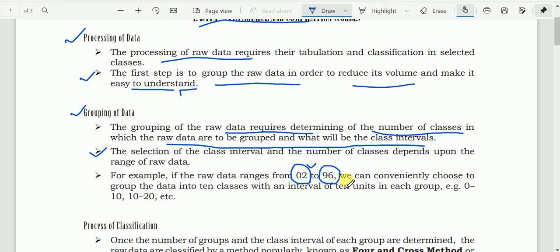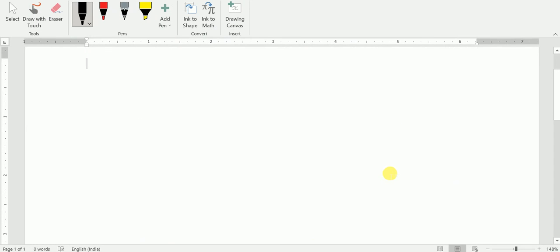And we can conveniently choose to group the data in 10 classes with an interval of 10 units in each group, that is, say, 0 to 10, 10 to 20, and so on. See here, so we have to find out the range.